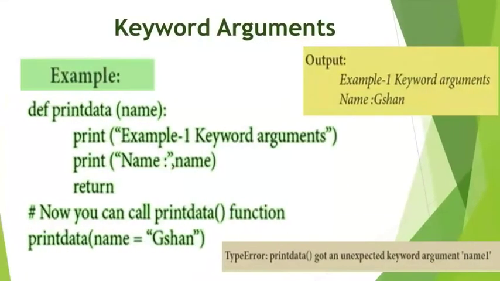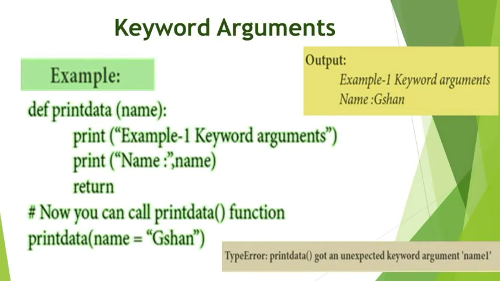Let's see one example. In this example, one function is created, that is print data. Within that function, the name parameter is passed, and after that statements are given. That means print statements, example 1 keyword arguments, print name and a return statement, and next in the function call we are calling the print data function.